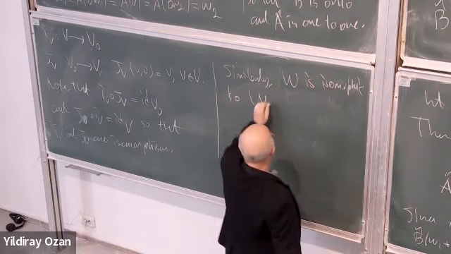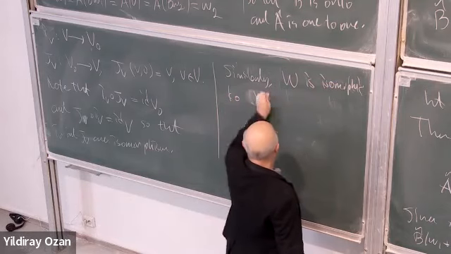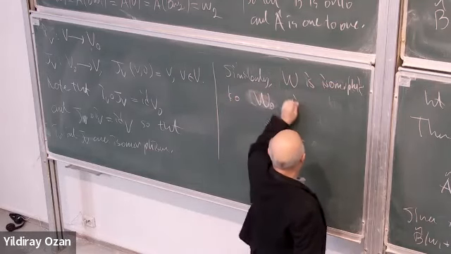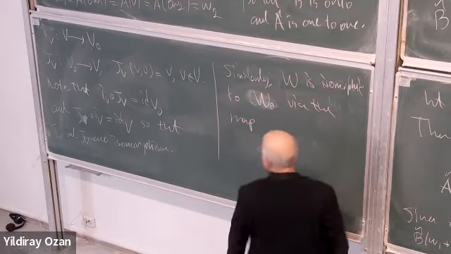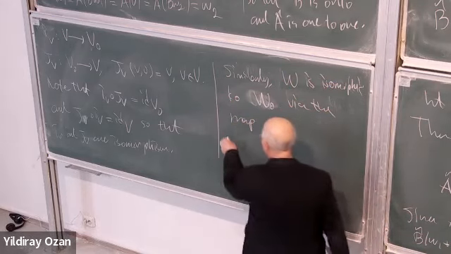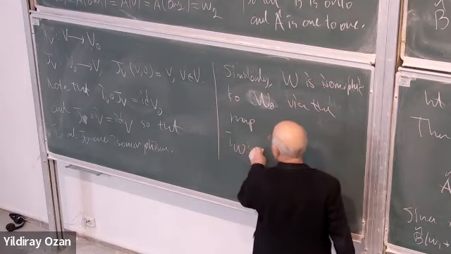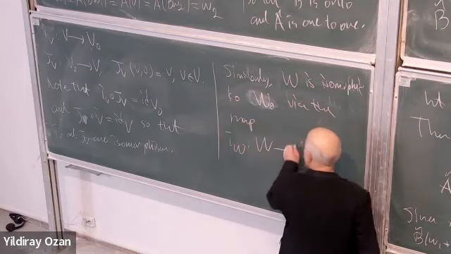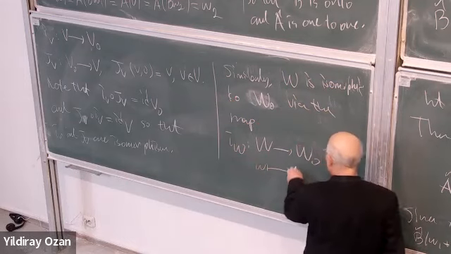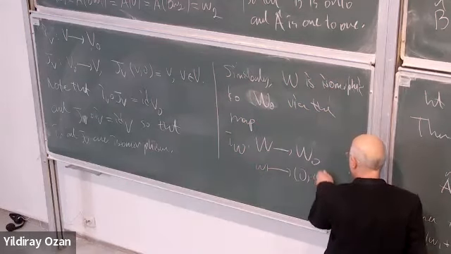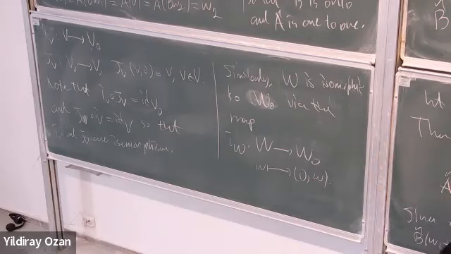To W0. The map i_W from W to W0 is w goes to (0, w), right? It will send it to the second component.